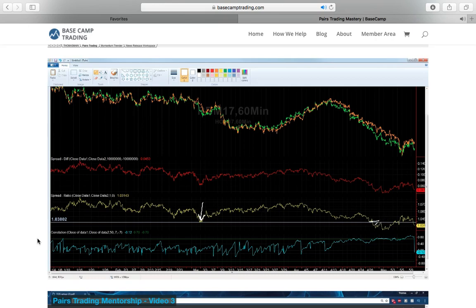Now, again, normally I would have held it because that was an extreme and we were still looking for it to bounce back. I would have added as we continue to sell off. However, in this case, I closed the pair right down here because it continued to move and took a bit of a loss on it. I think this was like a $250 or $300 loss, something like that. It's the biggest one I've had on this account.